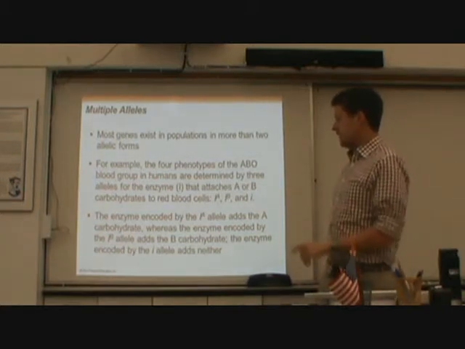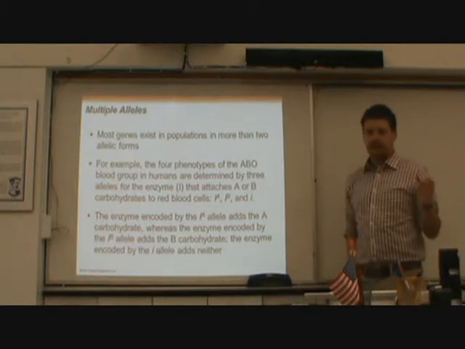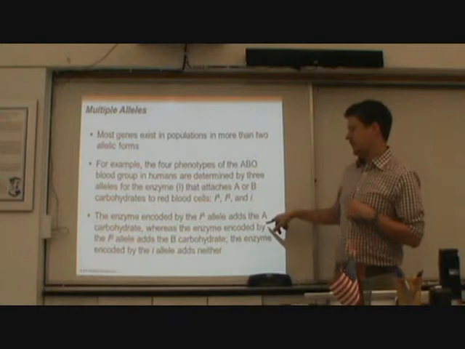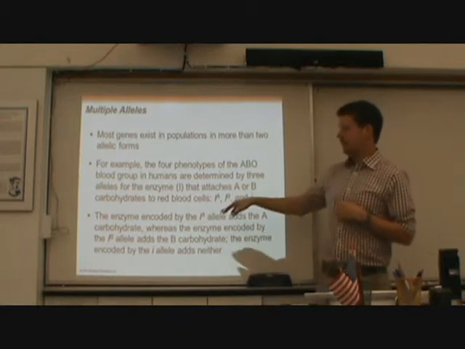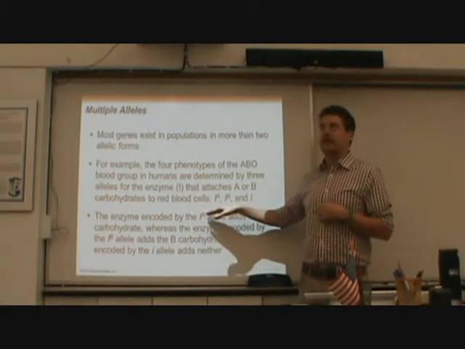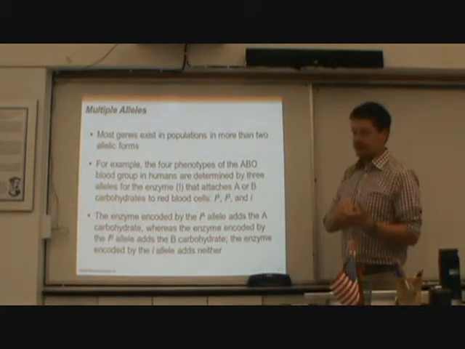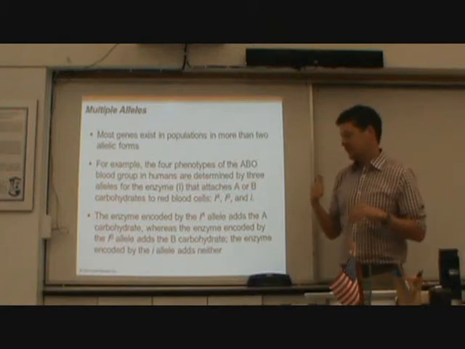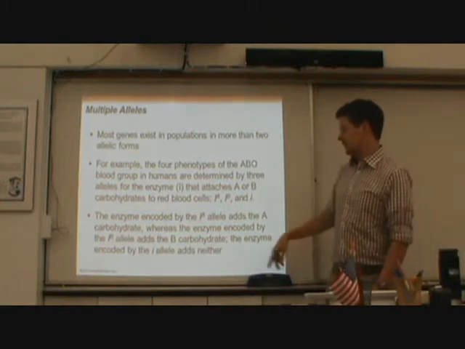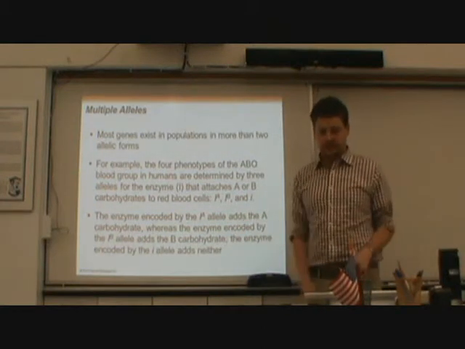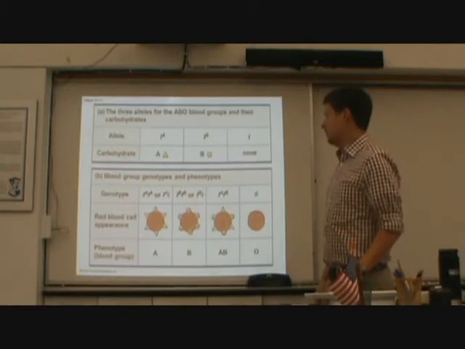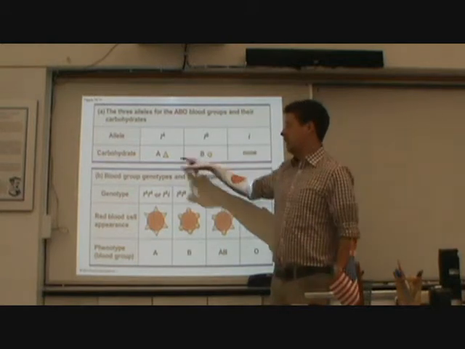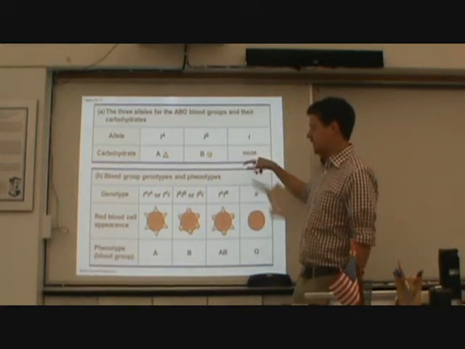The enzymes are encoded by either the IA allele, so the enzyme created by that allele puts the A carbohydrate on the outside of the cell. The IB allele has the B carbohydrate, and the little i allele doesn't do anything, doesn't add either.